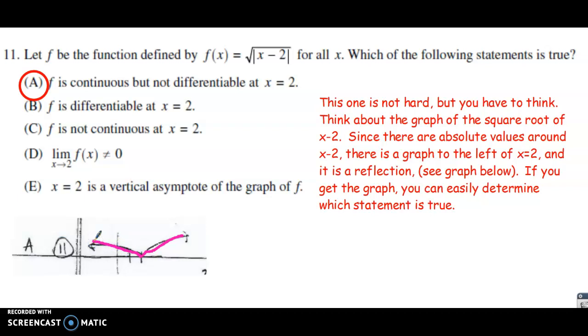So if you graph it, it's not hard, but you just have to think about what's happening with the graph, and you can substitute numbers to do that. And then you're going to look at your choices, and because of the sharp turn, which would cause a vertical tangent, the function is continuous. There is a y value, but there is no derivative at x equal to 2.